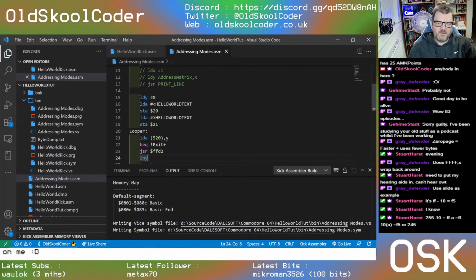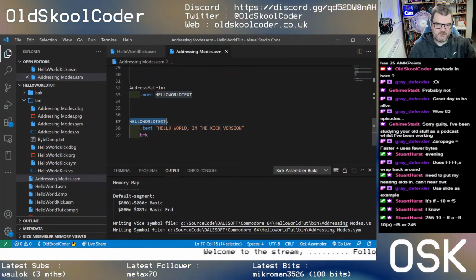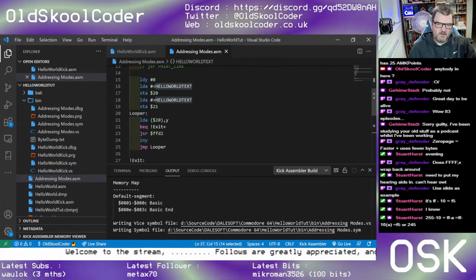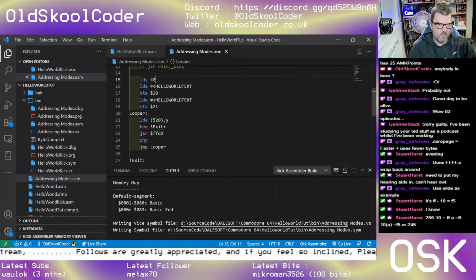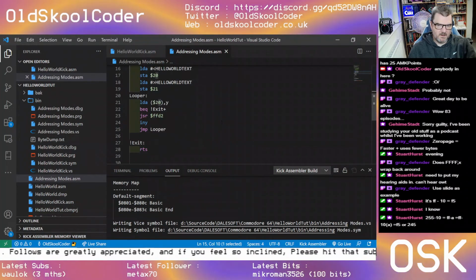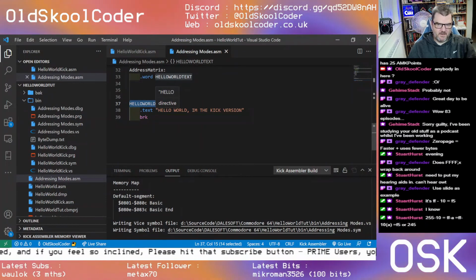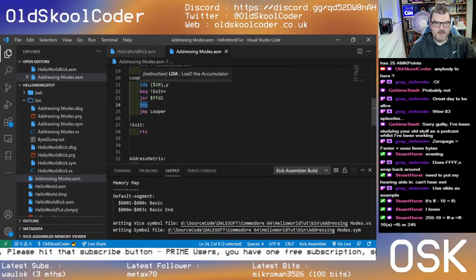Right, so we've set our mailbox to look at this position here. And then we're going to load whatever's in this, and we're going to offset it with whatever Y is. So Y, when it starts, is 0, and so it'll start at this location, so it'll start at H. We'll print out H, we'll increase Y, and then it goes back round.